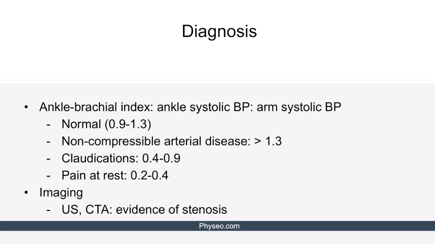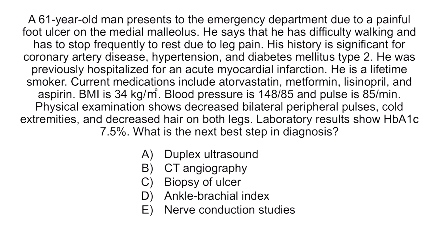Recall that arterial ulcers are suspected in patients with peripheral artery disease, and the best step in diagnosis is actually the ankle brachial index. Now, this index compares the ankle systolic blood pressure to the arm systolic blood pressure because it can help distinguish the difference and identify the severity of the disease. So let's go back to our question and see why the other answer choices are incorrect.